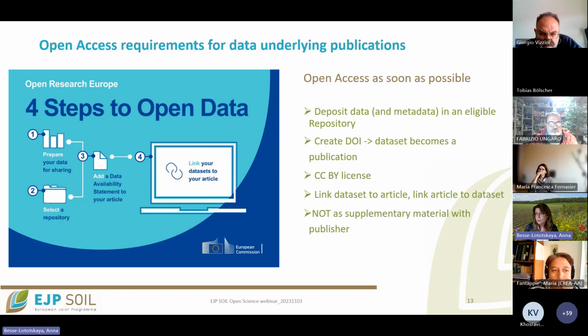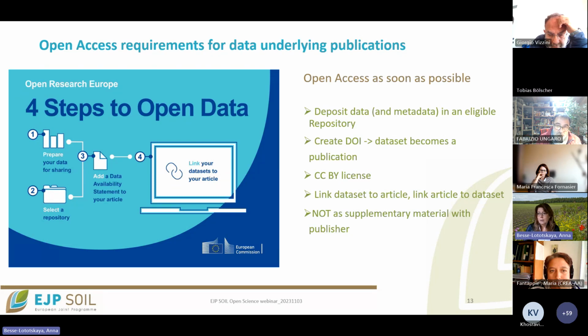It means that you need to deposit your data and the metadata in an eligible repository. So how to do it? You prepare your data for sharing, and Maria will also be using this figure later in her presentation. You prepare your data for sharing, then you select an eligible repository. An eligible repository is, again, a repository of your institute or Zenodo.